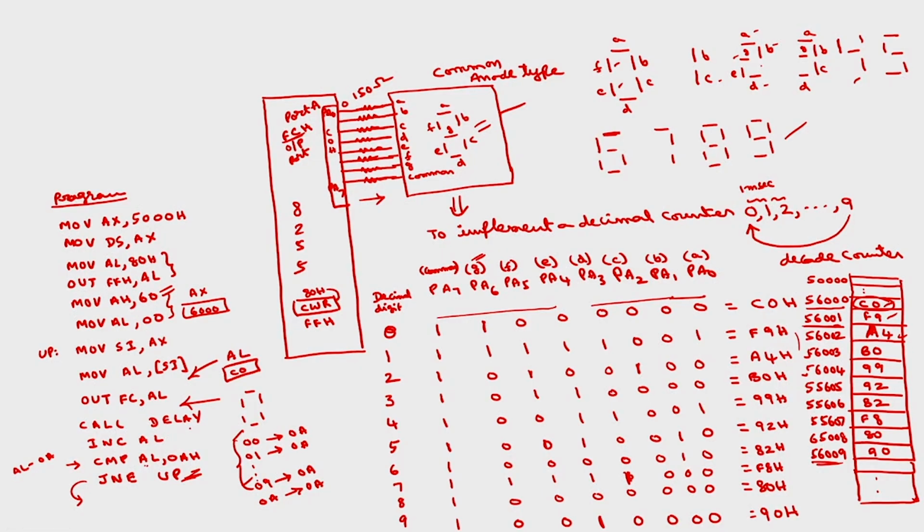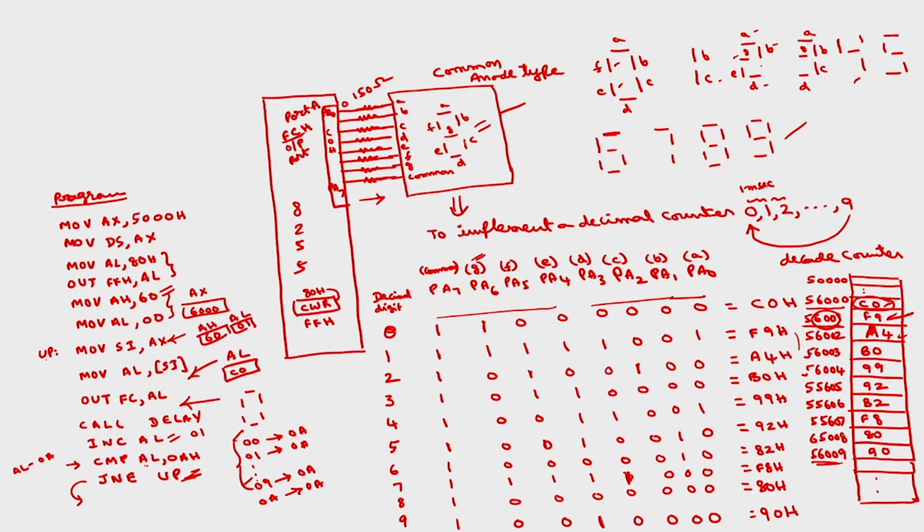AL contents after the first iteration are 01, that 01 remains in AL. So when this is not true, it will go here. AH will have 60 only. Now in the second iteration AL will have 01. So the offset 6001, which corresponds to the code for digit 1, is stored in that particular location. Okay, is it clear now?